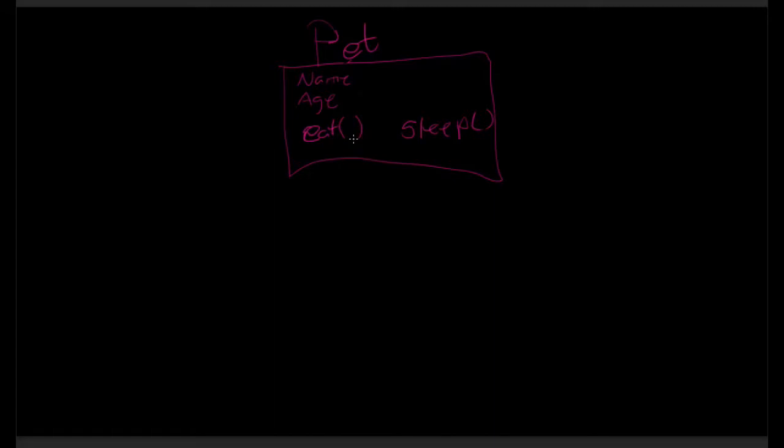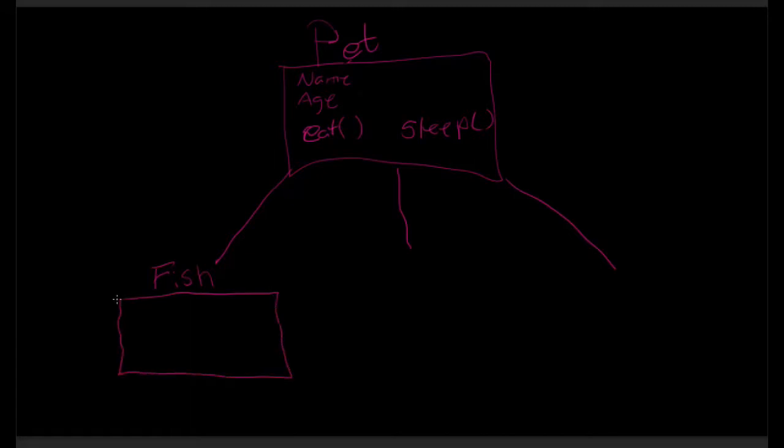Now, inheritance says that we have a pet, but I can have different types of pets. Down here, we might have three types of pets. Something like a fish, F-I-S-H. So we have a fish class or object that can do different things. For the sake of argument, let's say a dog can't swim, but a fish, for example, can dive.